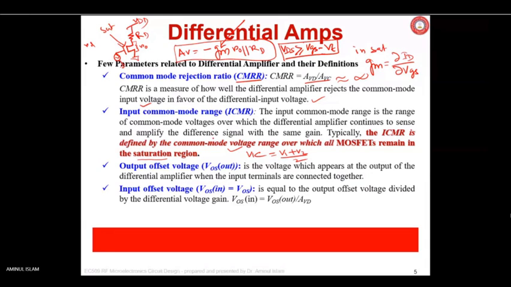Okay. So what it is telling here is that typically the ICMR is defined by the common mode voltage range over which all the MOSFETs remain in the saturation region. See, if you change something a little, bias current or voltage, then the MOSFET may go from saturation to the linear region. Remember that. So biasing a MOSFET in an amplifier is very difficult. Unlike digital circuits, where you will not bother about whether the MOSFET is in saturation, linear or cutoff.